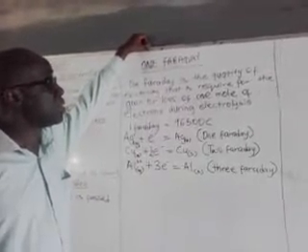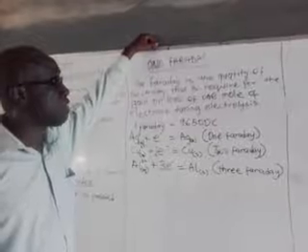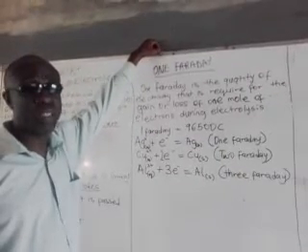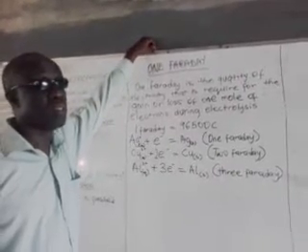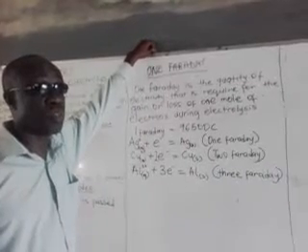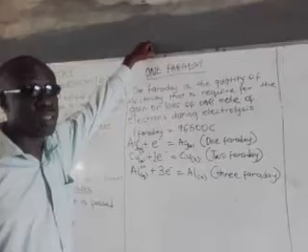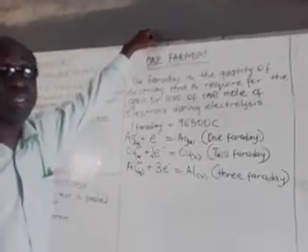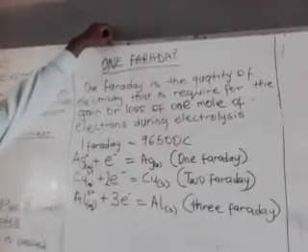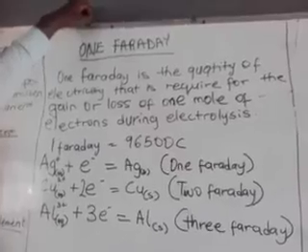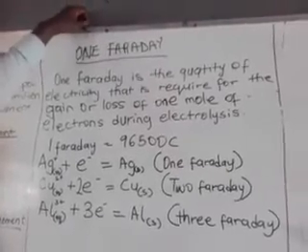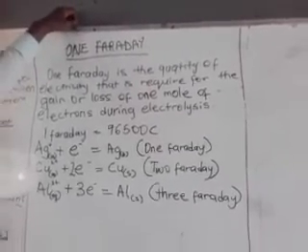Now, we are going to define this new unit of electricity, which we call 1 Faraday. 1 Faraday is simply the quantity of electricity that is required for the transfer of 1 mole of electrons during electrolysis.